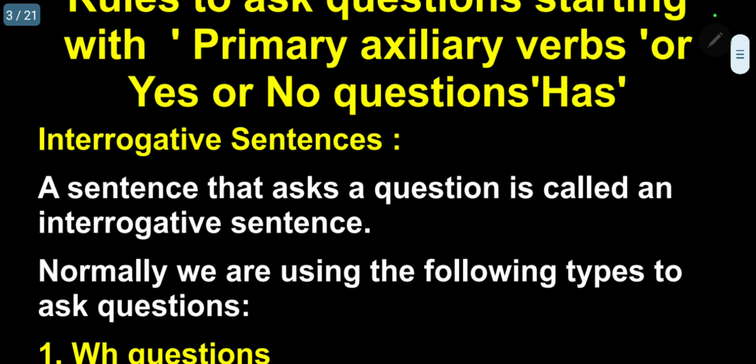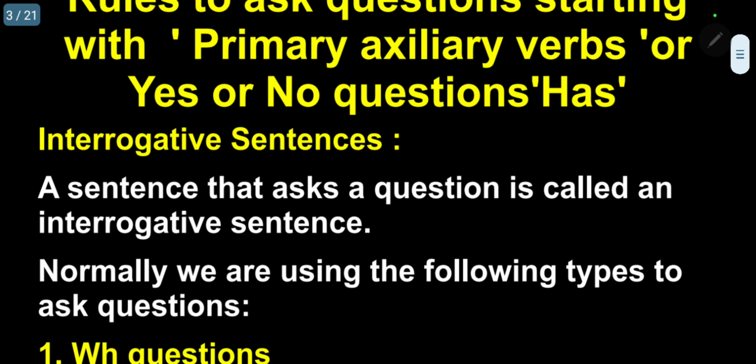Exclamatory sentences. Here I will concentrate on interrogative sentences because in spoken English, whenever you want to speak with somebody, you must know how to raise questions and how to give a proper reply.